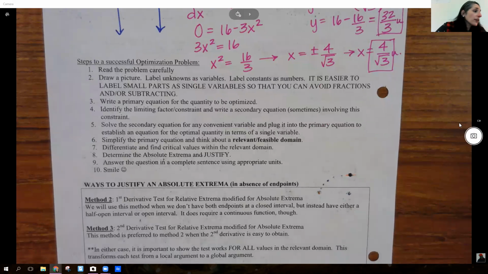Also, a reminder at the bottom that you can use the first derivative test or the second derivative test that we learned in 3.1 to 3.5 to help justify your answers, to show this is definitely a maximum or a minimum.